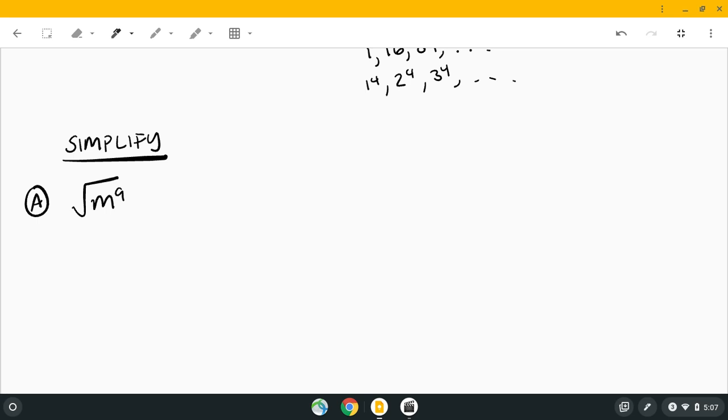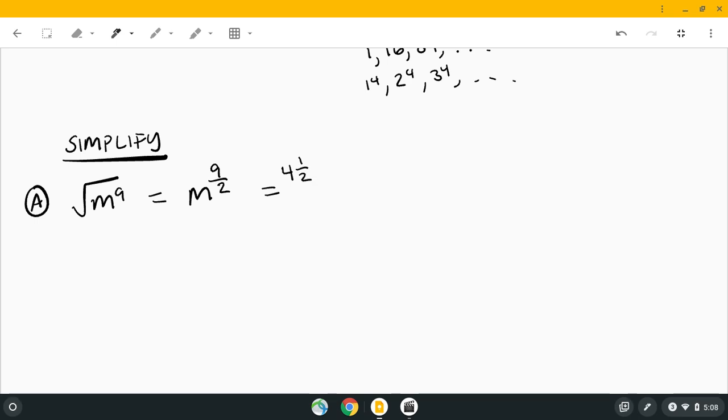Okay, so I'm going to use the idea that radicals, roots, can be rewritten using fraction exponents. Okay, so I'm going to go ahead and rewrite this as m to the 9 over 2, right? Because square root is 1/2, right? And then I'm going to simplify that fraction. 9 divided by 2, I'm going to turn it into a mixed number. So I'm going to do 9 divided by 2, which is 4, and I have a remainder of 1.